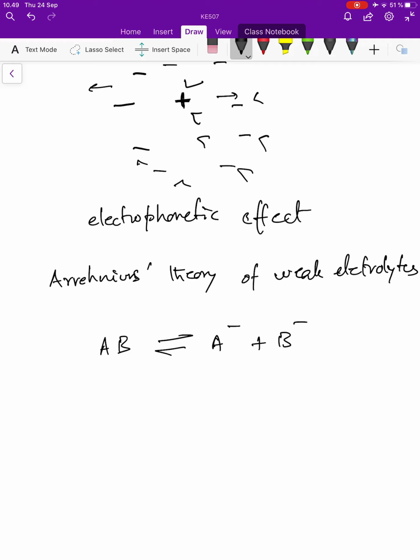This is a weak electrolyte, forming the ions A minus and B plus. At low concentrations, the equilibrium lies towards the right, so you have a lot of ions in solution. At higher concentration, the equilibrium moves towards the left. So the Arrhenius theory is used to explain why conductivity decreases for weak electrolytes. But we will not go there in detail because the laboratory that you are dealing with deals with strong electrolytes.